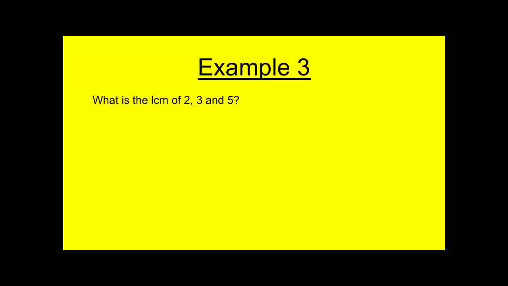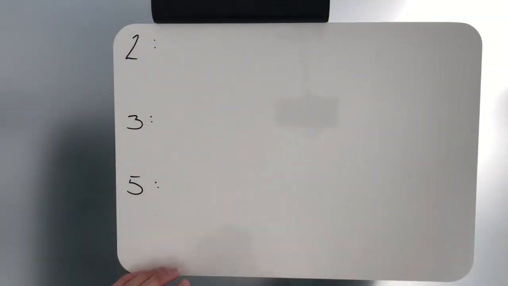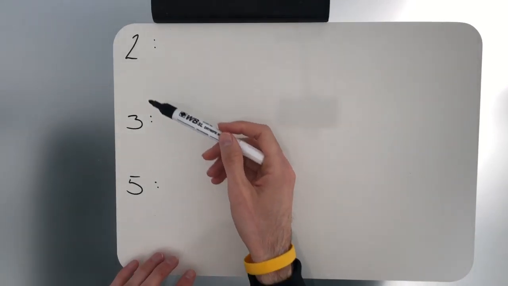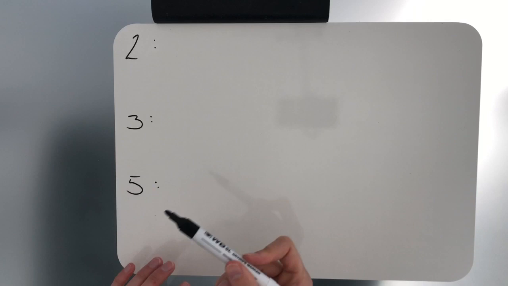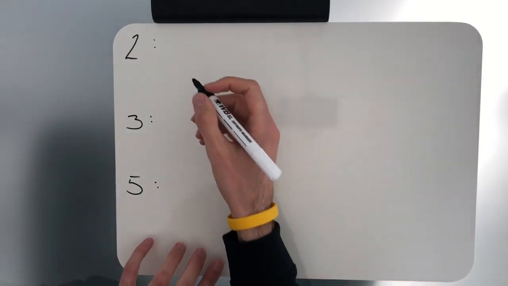Example 3. What is the LCM of 2, 3 and 5? Okay, in this example we're looking for the LCM of 3 different numbers, the number 2, 3 and 5. So as with previous, let's just write out the first 5.